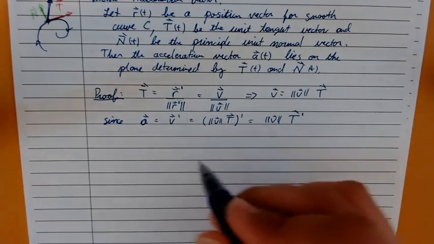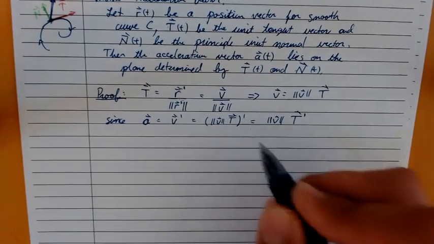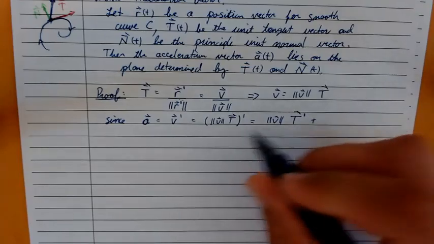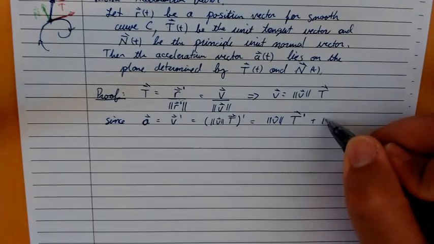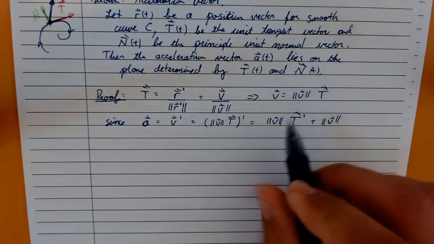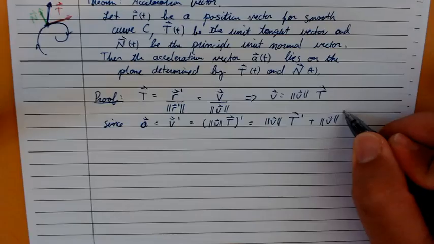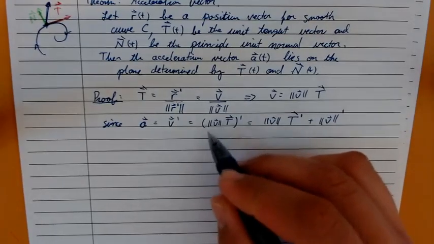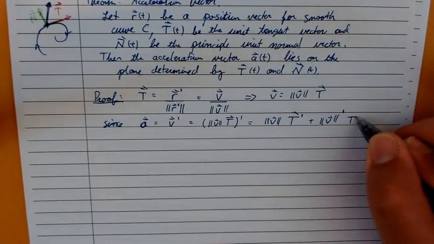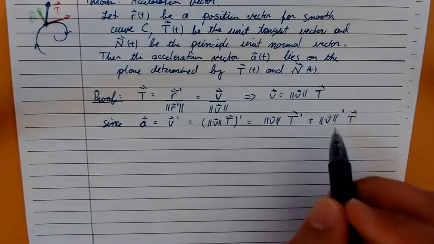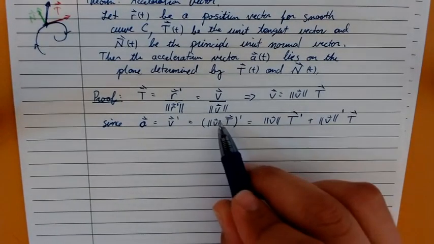All right, so that's going to be the derivative of the first part times the second, plus the derivative of the second part times the first. Here, I guess I'll write it the other way around. So that'll be the magnitude times t prime plus the derivative of the magnitude times t. Here this is not equal to a constant in general.